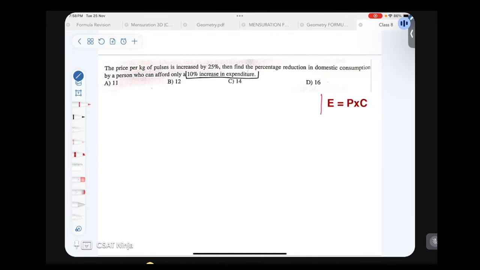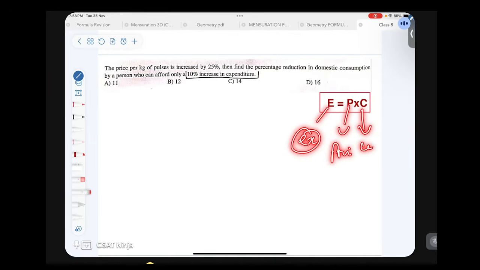The formula for this one is: this one is expenditure, this one is price, and this one is consumption. So if you are using this rule, how do we do it? I'll do it like this.